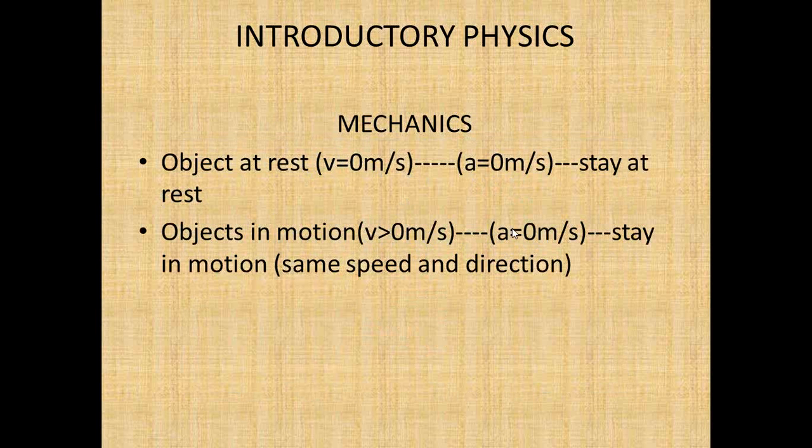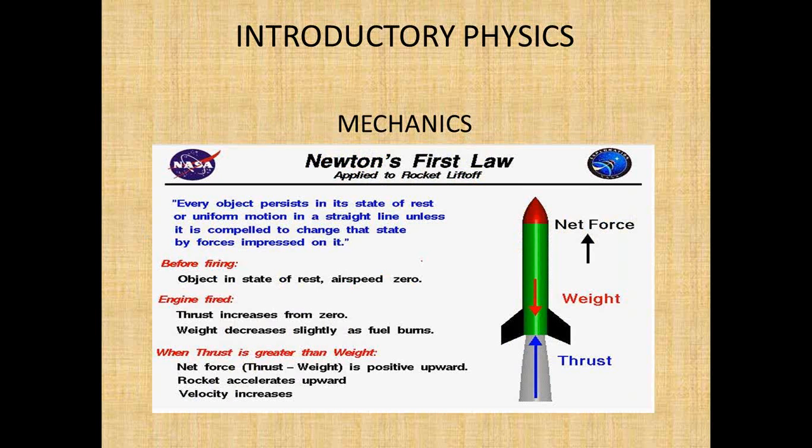So Newton's first law talks about an object with constant velocity, no acceleration. Then it's going to stay in motion, the same speed. Same speed means that the velocity is not changing, and in the same direction. So Newton's first law talks about a motion without acceleration. Okay.